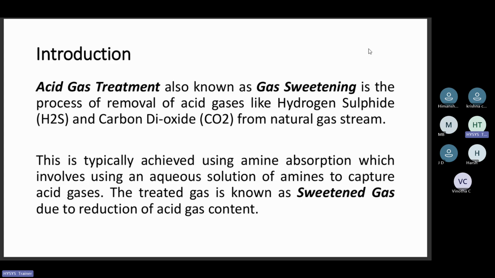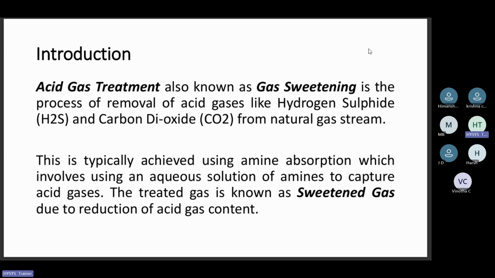This is typically achieved using amine absorption, which involves using an aqueous solution of amines to capture the acid gases. The natural gas stream along with the acid gases is passed through an amine solution using an absorber, which captures the acid gases, and the treated gas is known as sweetened gas or sweet gas, because it has less acid gas content, or almost no acid gas content.